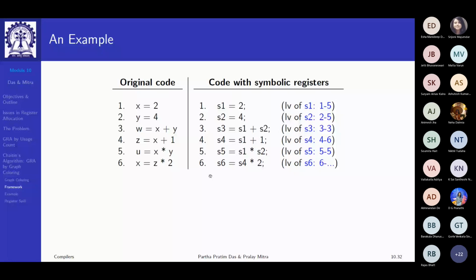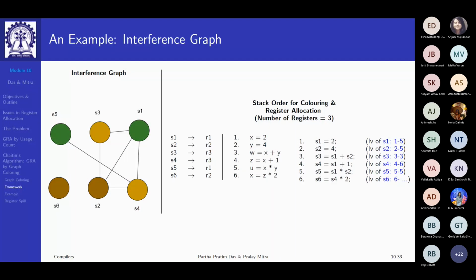Now, once we have that, we form the interference graph. I'll not go through every step, but you can say for example, S1. S1 is live from 1 to 5. So it interferes with S2, S3, and S4.